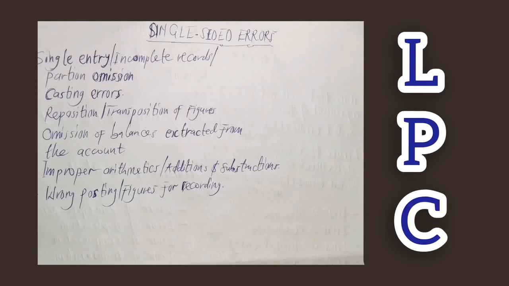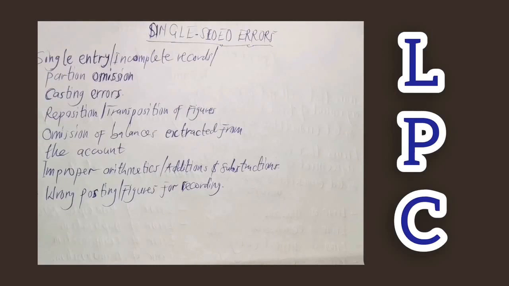Or in other words, double entry was not completed, so we can call it incomplete records. Or partial omission, in the sense that one part of the transaction or the entry has been omitted, and so it becomes a single entry. I hope you get it.